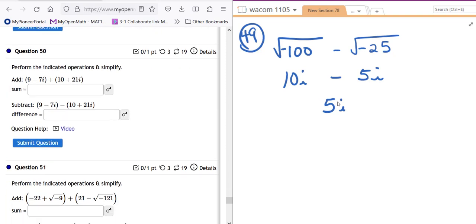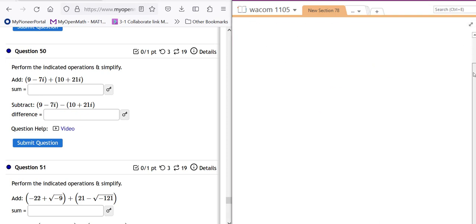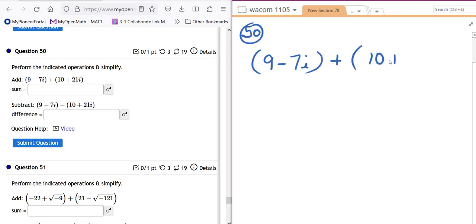All right, adding and subtracting. And again, I would just say treat the I like an X. So to add, we have 9 minus 7I plus 10 plus 21I. And check outside your parentheses. Make sure there's no exponents. There's nothing out in front to distribute. This is a plus.